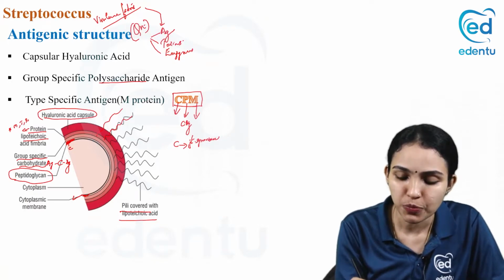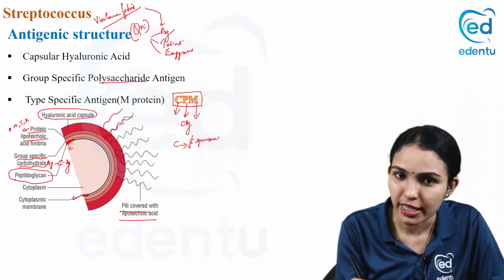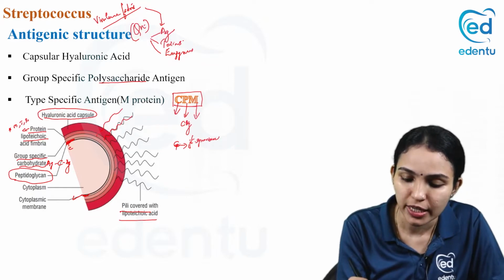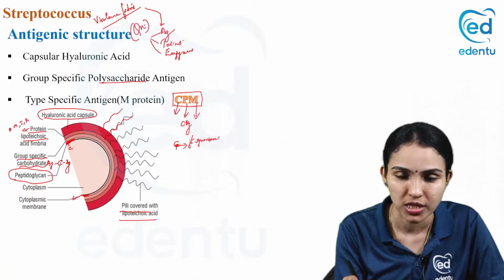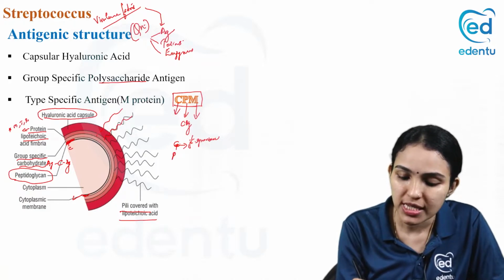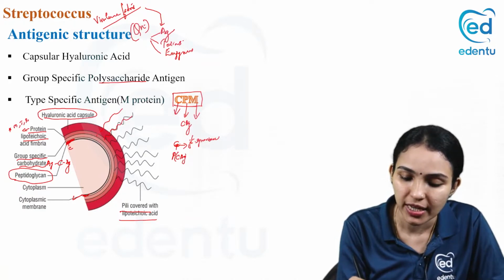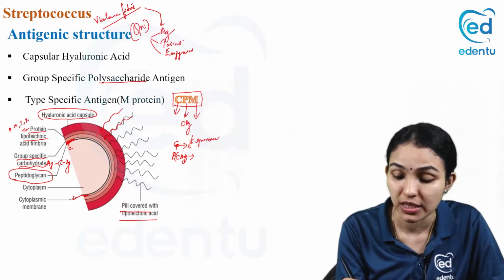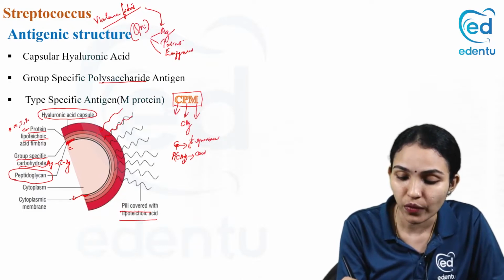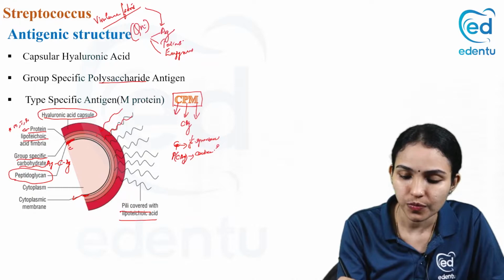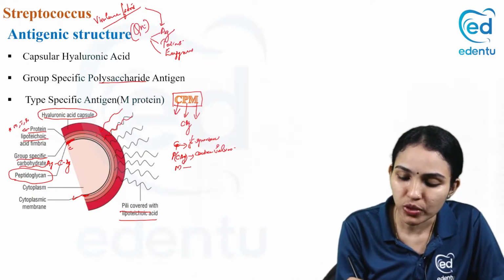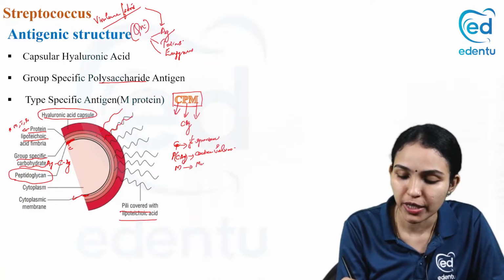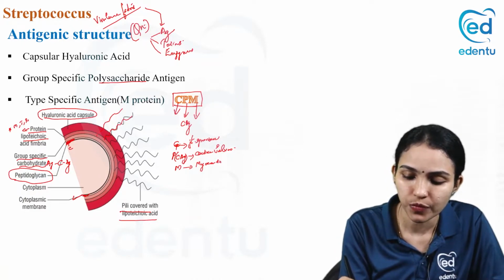So antibodies produced against this capsular hyaluronic acid can cross react with the human joints and can cause some pathogenesis. Similarly, the polysaccharide or C antigen layer has cross reaction with the human cardiac valves. Similarly, the M protein has some cross reaction with the myocardium of humans.